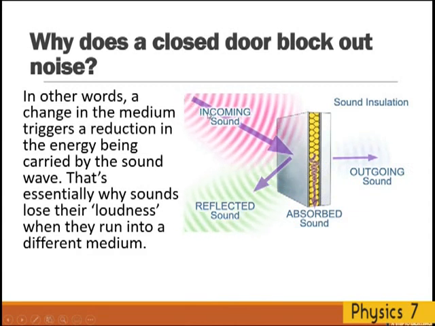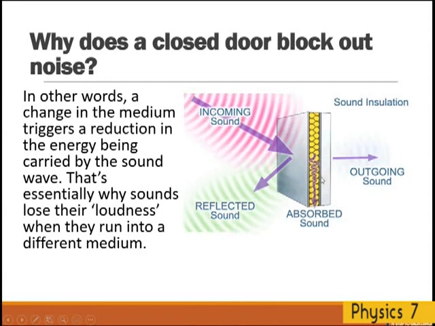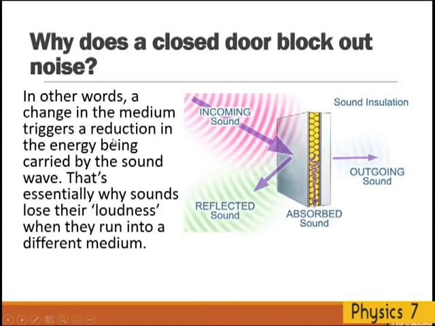If sound waves are reflected and absorbed from the incoming sound, then the remainder that goes through is going to be a smaller amount. So in other words, a change in the medium, from air to solid, triggers a reduction in the energy being carried by the sound wave.